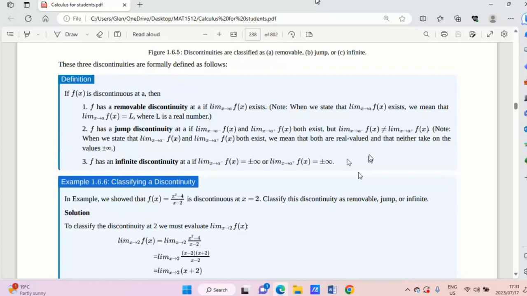Now, let's revisit number 3. Number 3 says, f has an infinite discontinuity at a if the limit of f of x as x approaches a from the left is positive or negative infinity, or the limit of f of x as x approaches a from the right is positive or negative infinity.